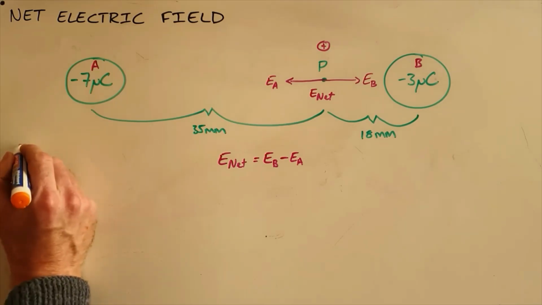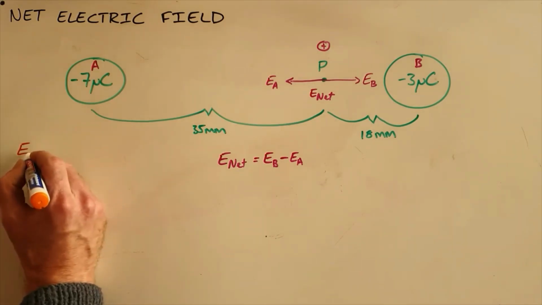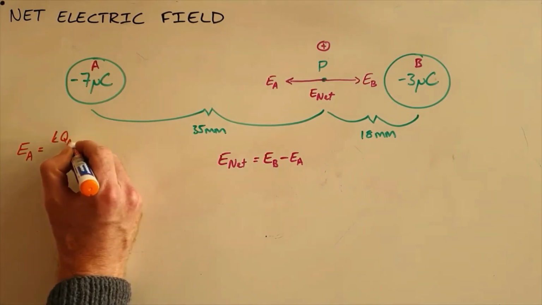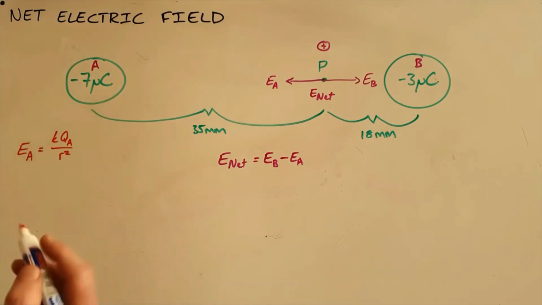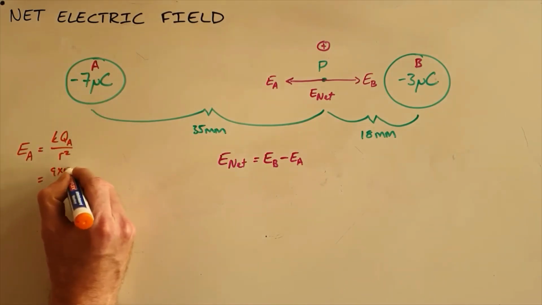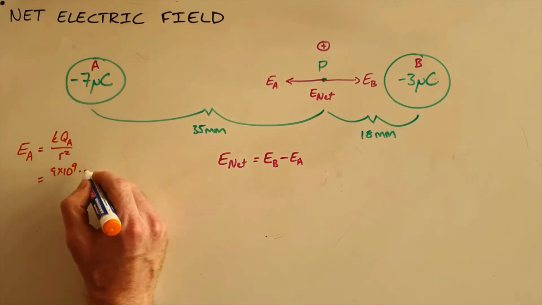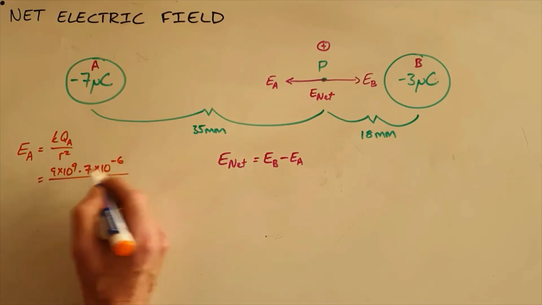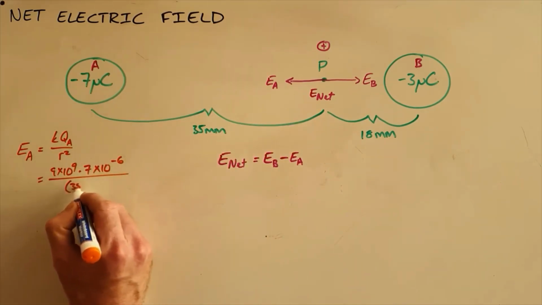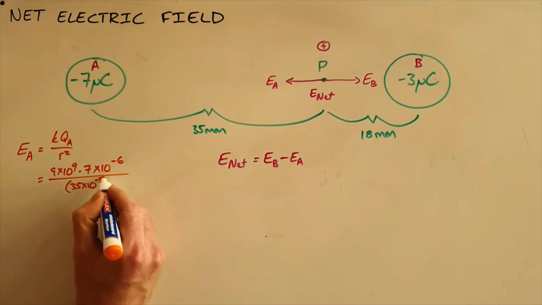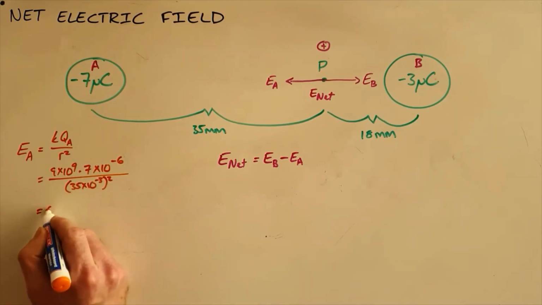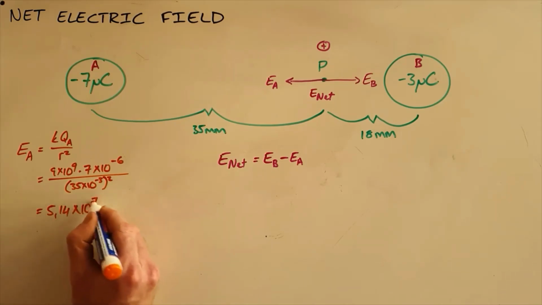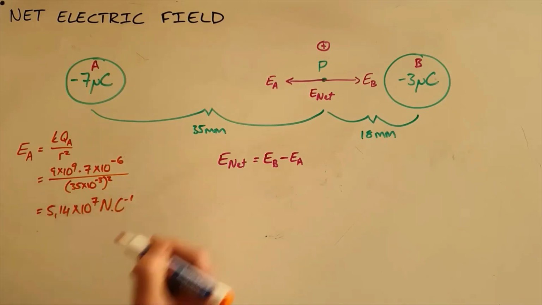From here, we simply calculate the electric field as a result of each of these two charges. The electric field as a result of A at point P is equal to KQA over R squared, since A is creating the electric field. That is our constant 9 times 10 to the 9 multiplied by 7 microcoulombs, which is 10 to the negative 6, over the distance between them squared, that is 35 millimeters, 35 times 10 to the negative 3 squared, which gives us an electric field as a result of A of 5.14 times 10 to the 7, measured in newtons per coulomb.